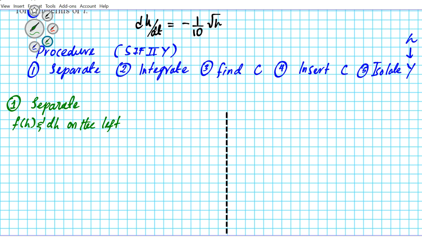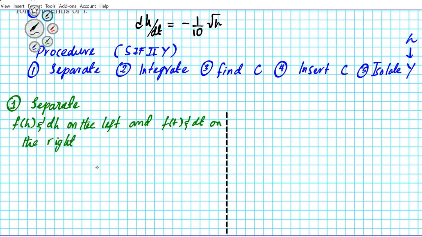So f of h and dh will be on the left side, and then what's on the right? f of t and dt will be on the right. When we achieve this state, we have separated the variables.